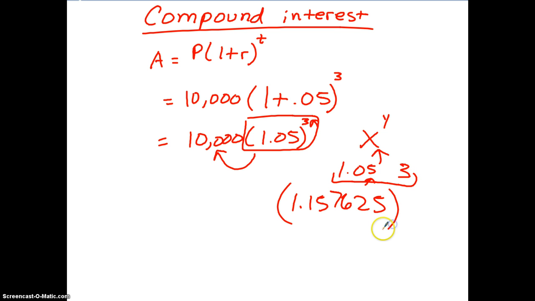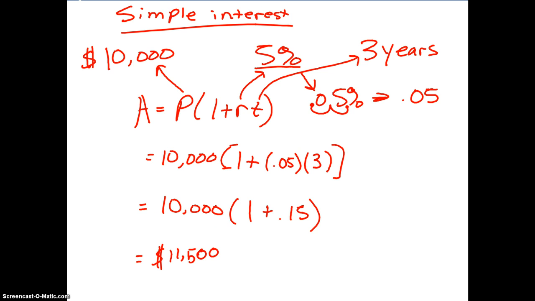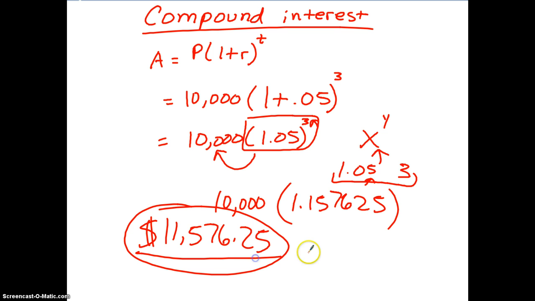And then you're going to multiply that by what's left over here, which is 10,000. And we plug that in our calculator, and we get $11,576.25, which, if you compare it to 11,500, we get more money on compound interest than on simple interest.